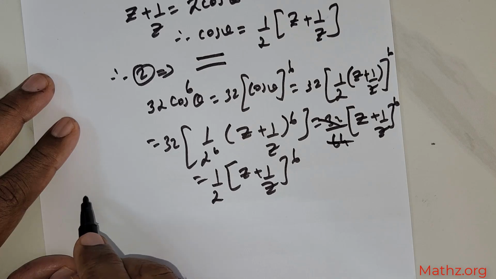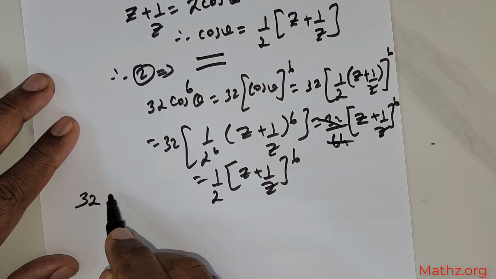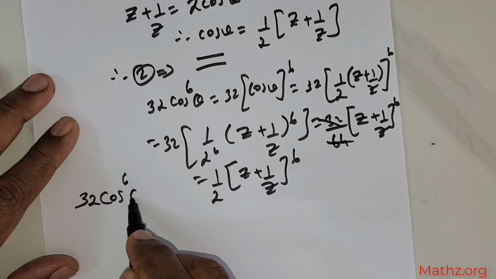Now what is this? This is nothing but 32 times cos raised to the power of 6 theta.